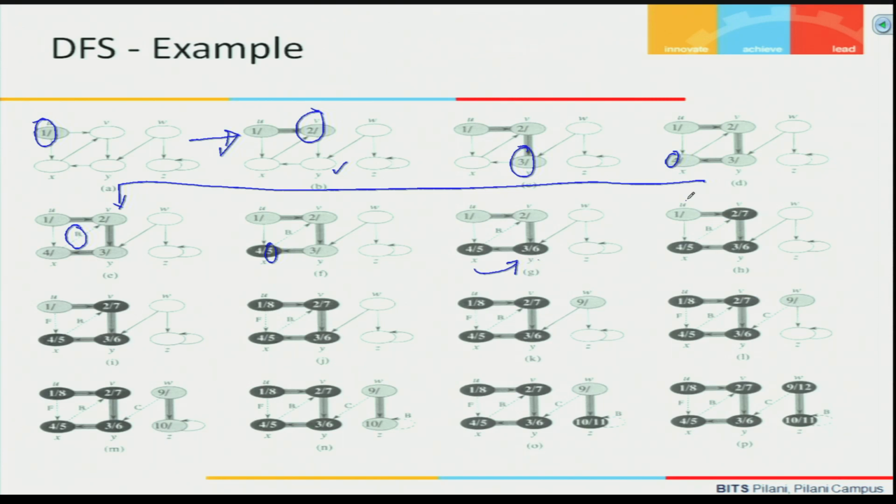So, we keep on going back and we reach finally at this stage where all the nodes in this particular part of the graph have been visited and we have exhausted all the nodes in this particular graph.